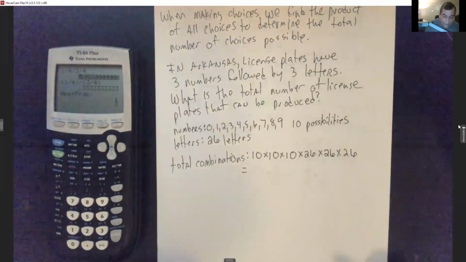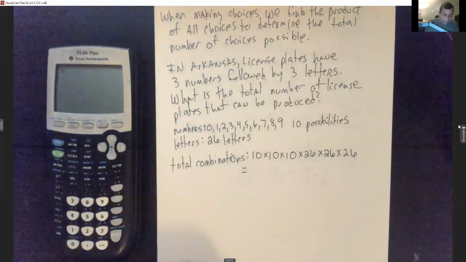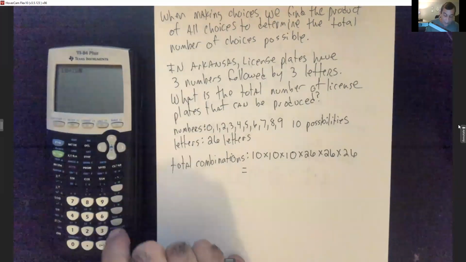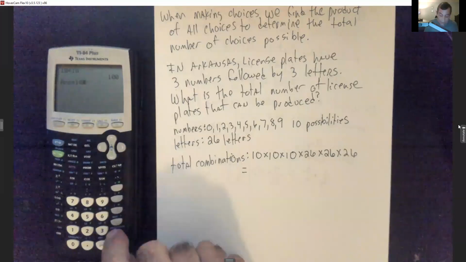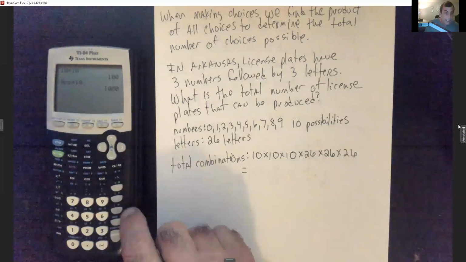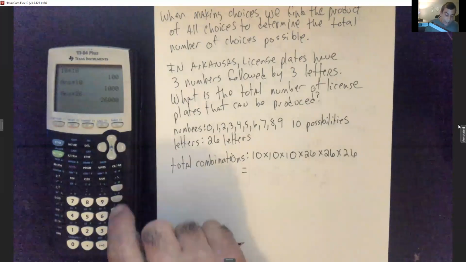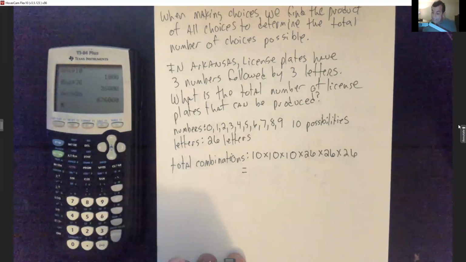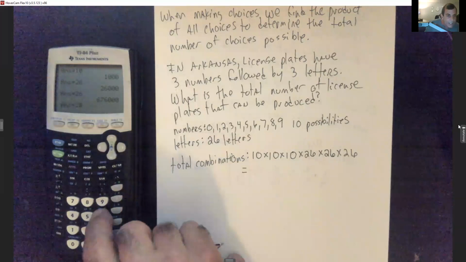So let me get down here, clear. So y'all, we're just going to start multiplying. 10 times 10 is going to give me 100. Times 10 going to give me 1,000. Times 26 is 26,000. Times 26 is already at 676,000. Times the last 26.